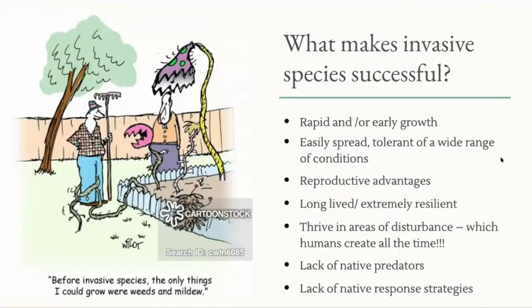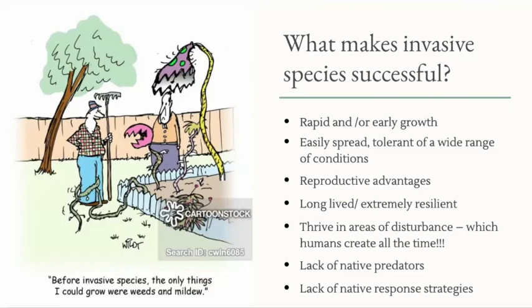So what makes these species successful? Why are they such a problem for our native species? Well, it comes down to the fact that they have some kind of advantage that's allowing them to overtake the native species in the ecosystem. Some of them grow rapidly, or get started early in the season. They can take advantage of food, or if they're a plant, light before the species around them.